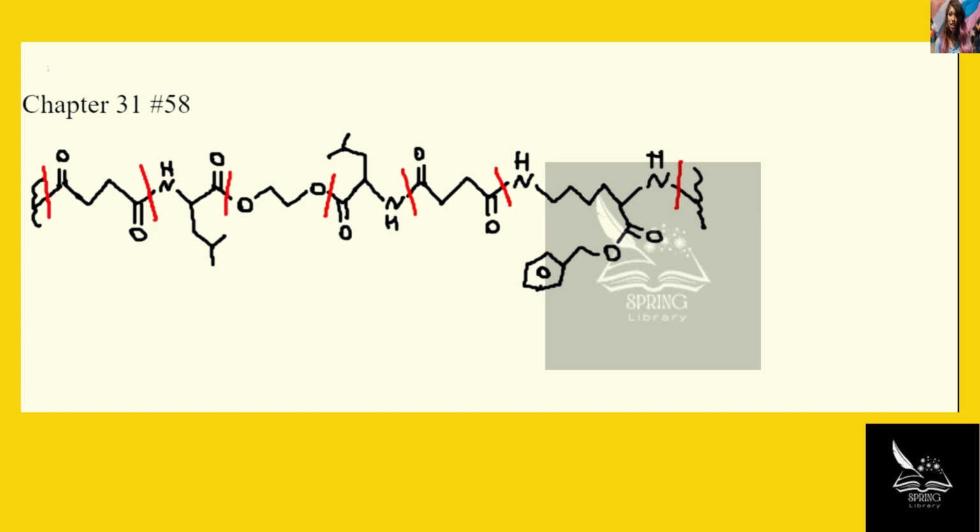Okay, so we'll call this monomer number 1. We'll call this monomer number 2. This will be monomer number 3. This is a second instance of monomer number 2. And then this would be, have I done something wrong here?